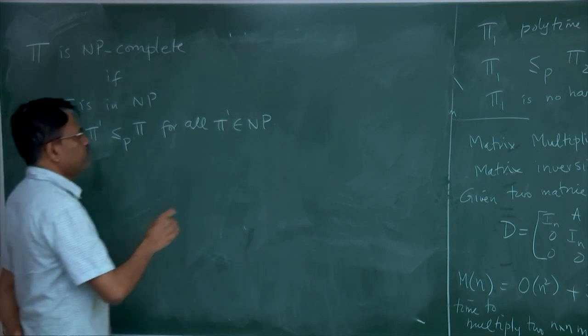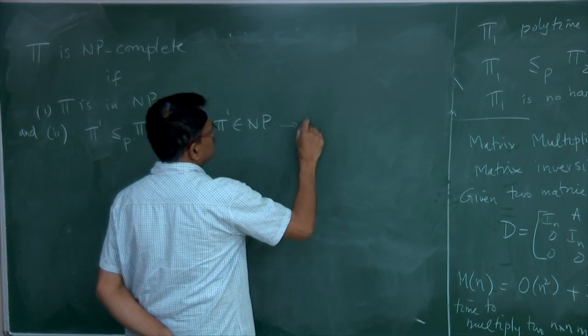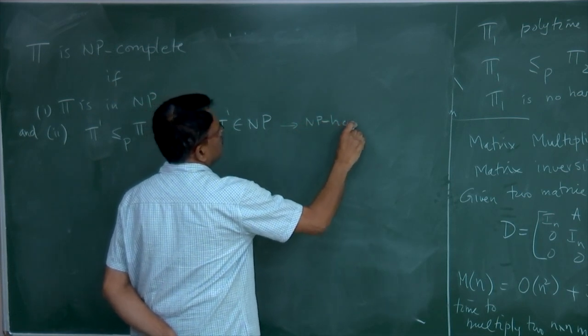So, if it's not in NP, but this condition is true, then we call it NP hard, right.